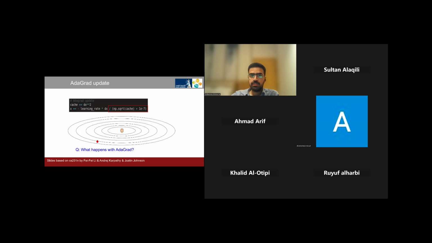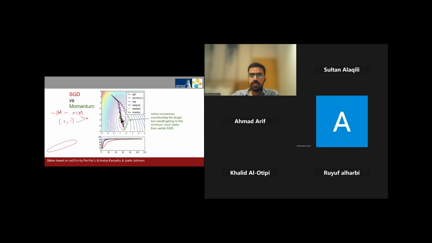So there it is, RMSprop. RMSprop will actually move slower than AdaGrad, but you will see that it will have less of an extreme jump at any point.